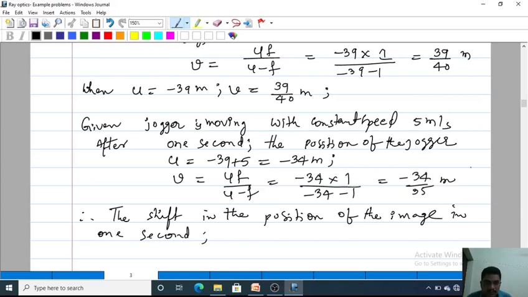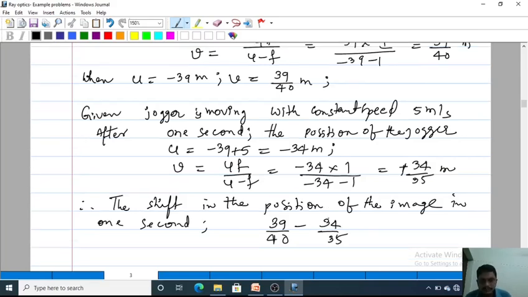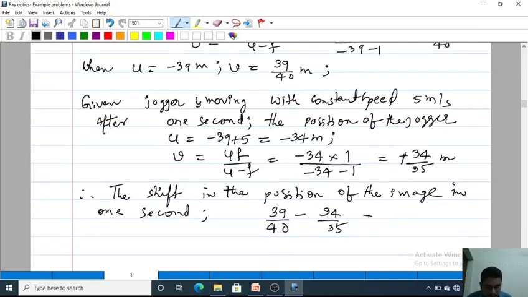What is that? You have to subtract these two, that is 39 by 40 minus 34 by 35. This is the shift in the position. After simplification you will get 1 by 280.